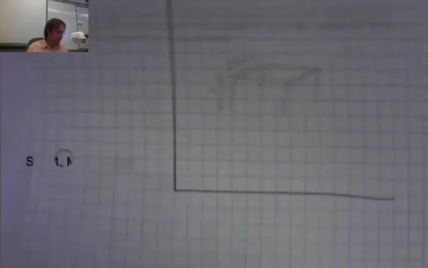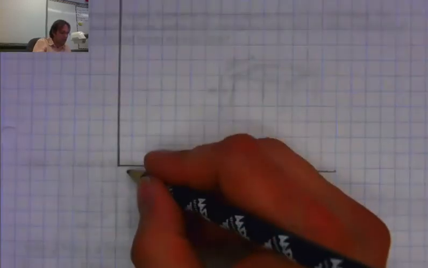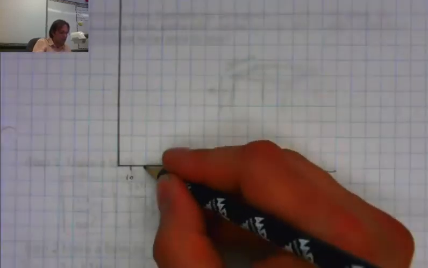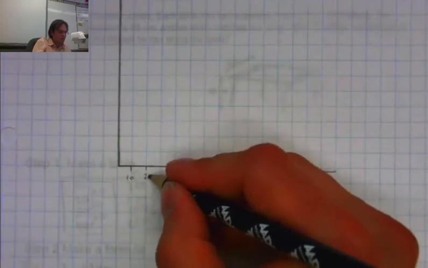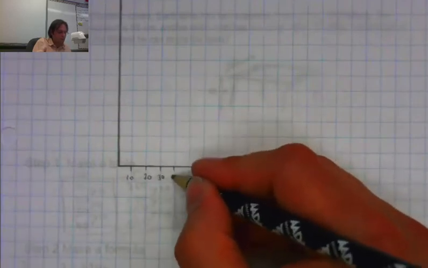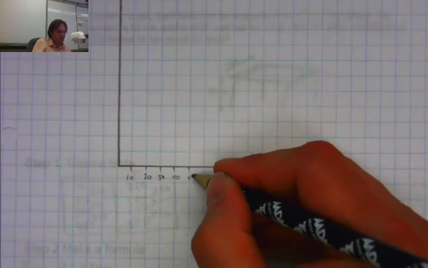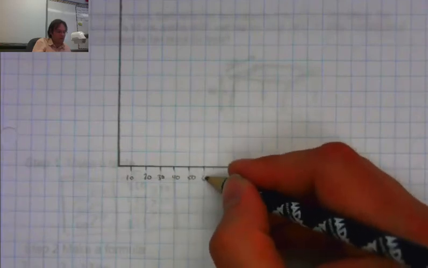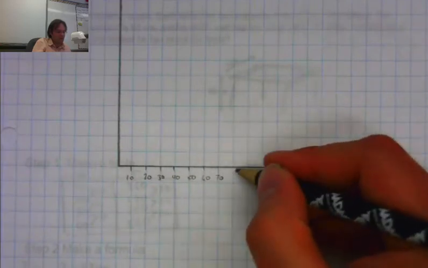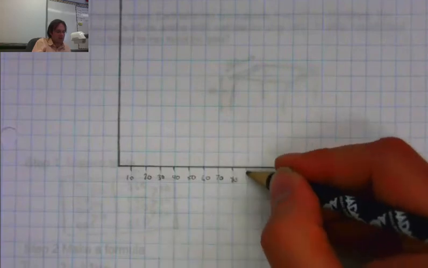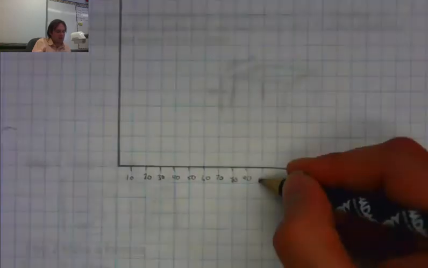And I am going to count by tens. Okay, so this will be starting at 10. This will be 20, 30, 40, 50, 60, 70, 80, 90, and 100.